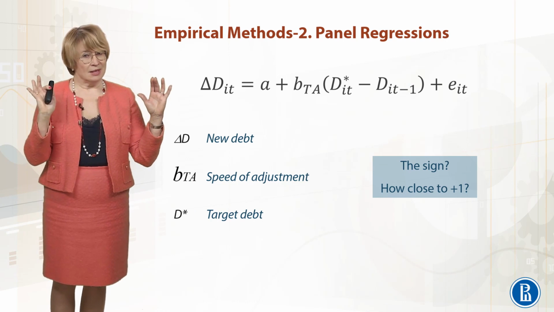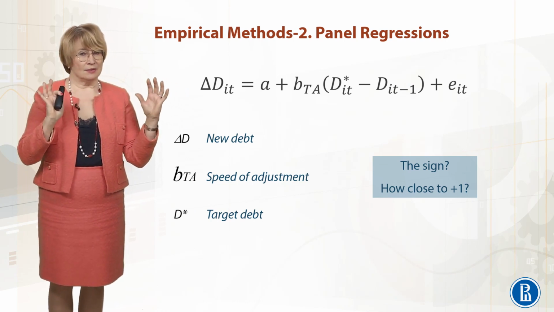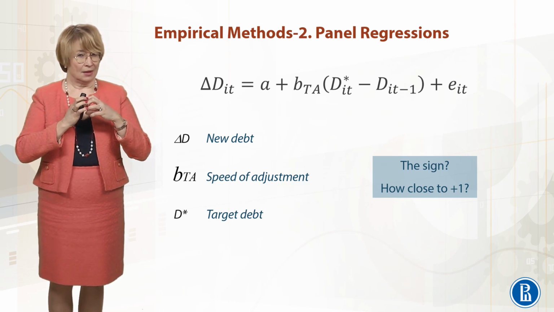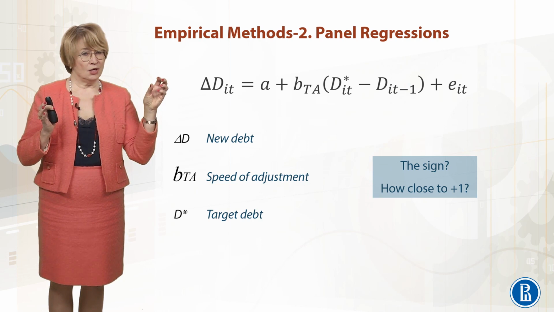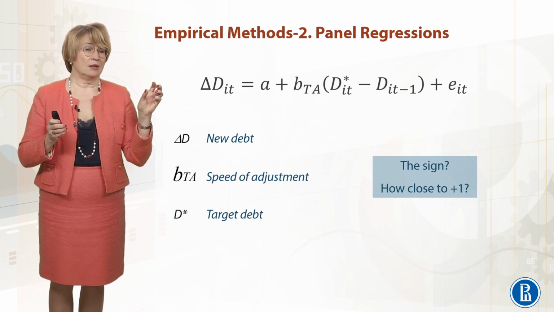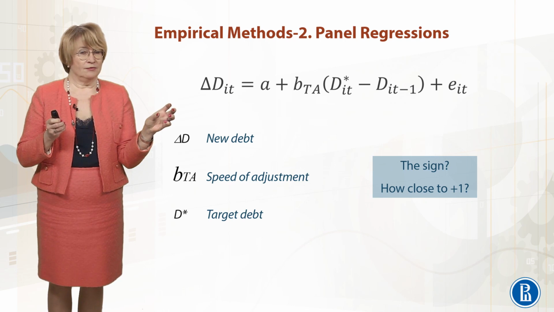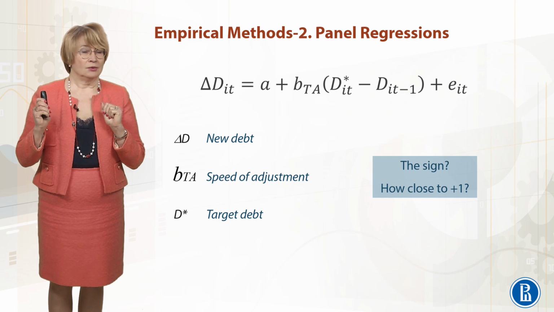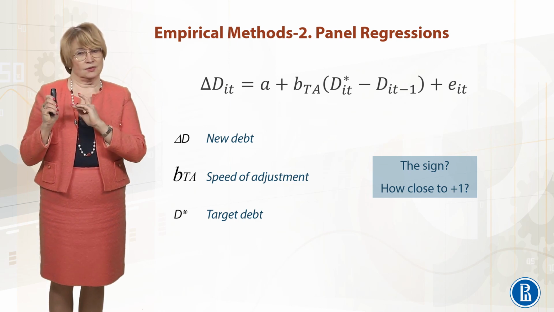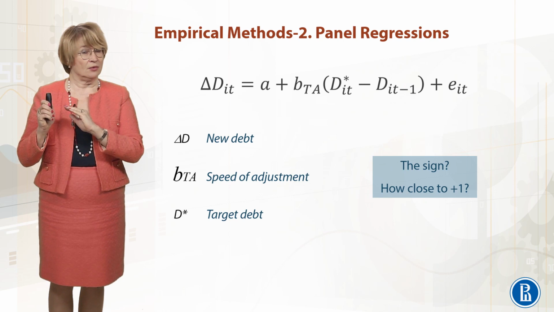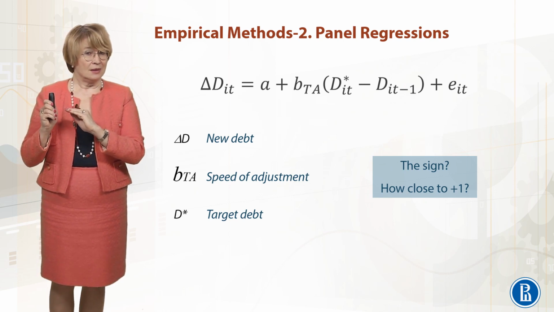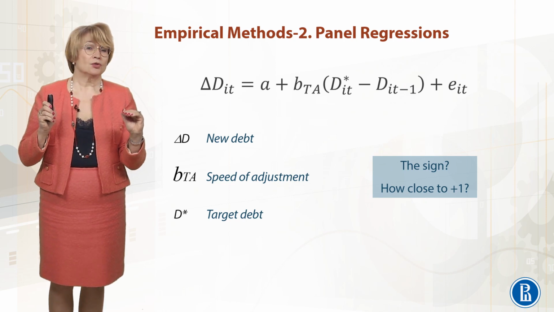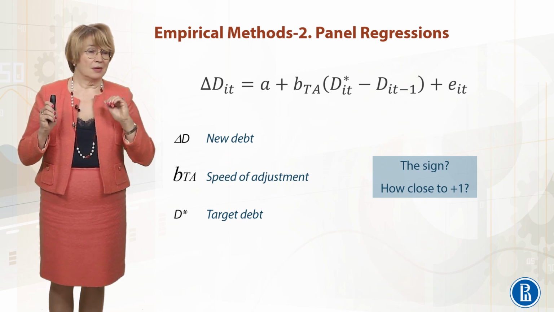So if we now summarize all these variables and how they should be related, the equation says the actual changes in the amount of debt of different companies year by year should be related to the deviations of their previous level of debt from their target level of debt, which should be set up for the particular year.